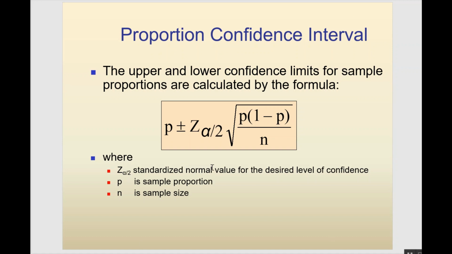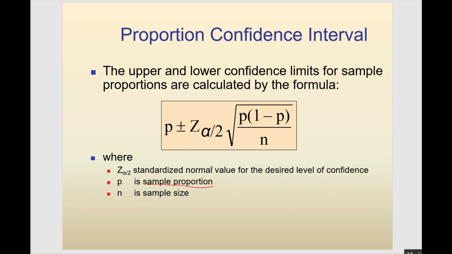Here we use p for proportion, but just now we used x bar, which is the sample mean. p here denotes the sample proportion. The same here is Z alpha divided by 2, the standardized normal value of the desired level of confidence. This is still the first step that you need to search and calculate before you proceed to find the confidence interval.